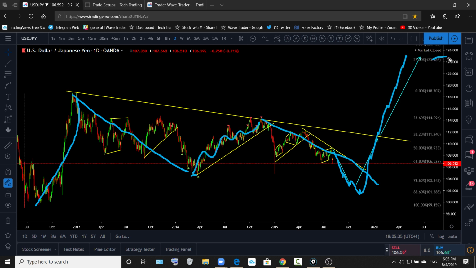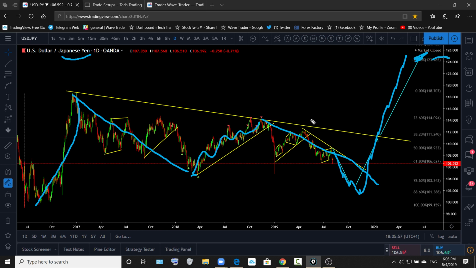So this is far away. We need a very, very strong reason for the dollar to go that far, or very strong intervention from the Bank of Japan to push their currency aggressively to the downside. Then you're going to have yen that far away.